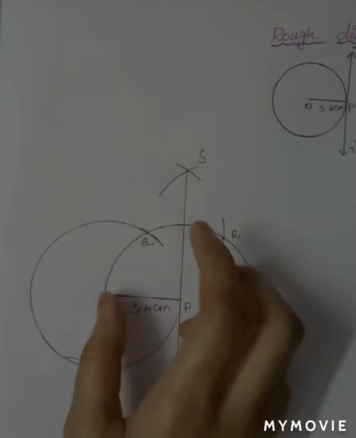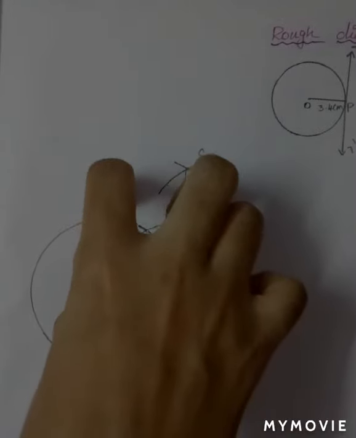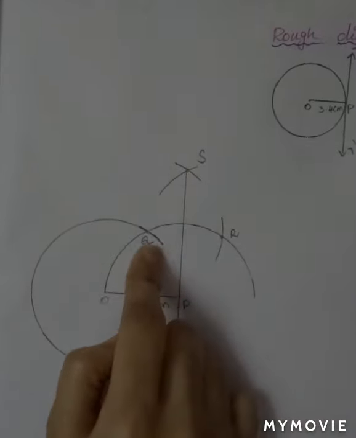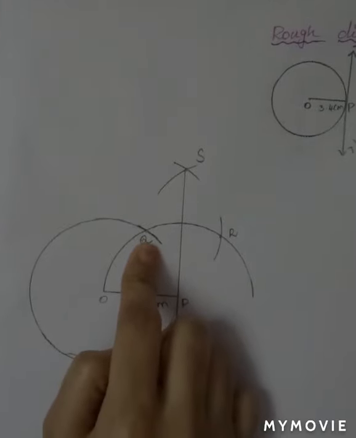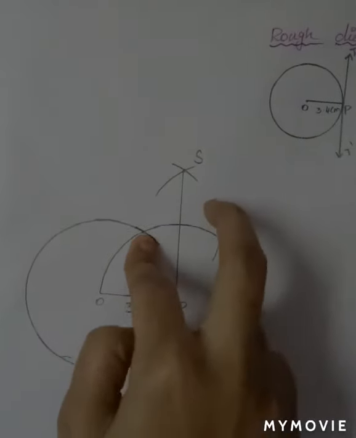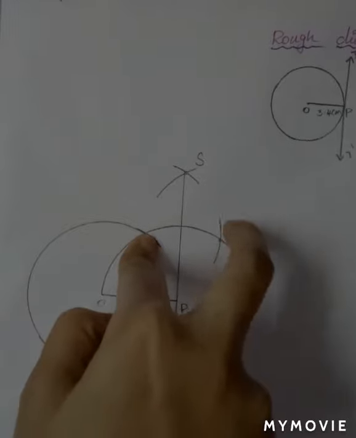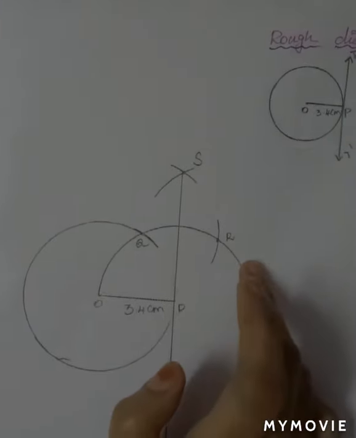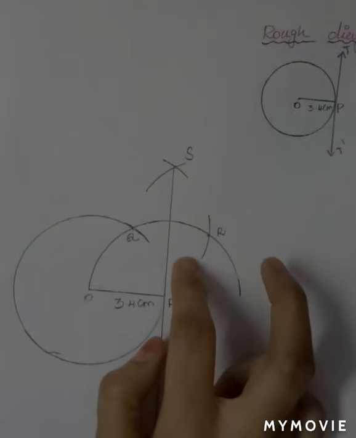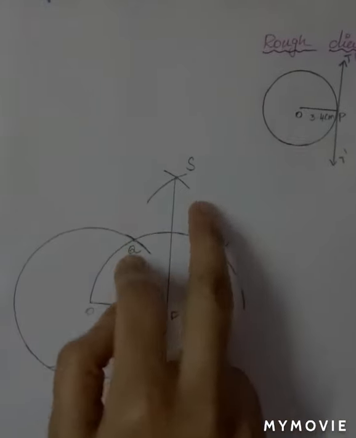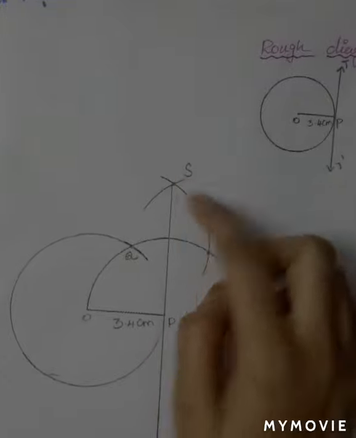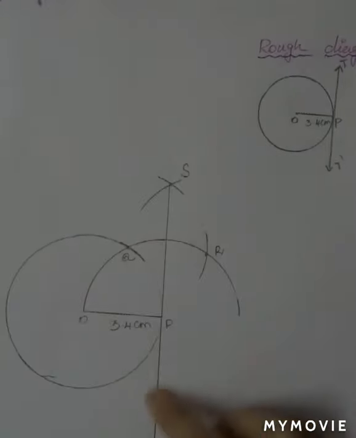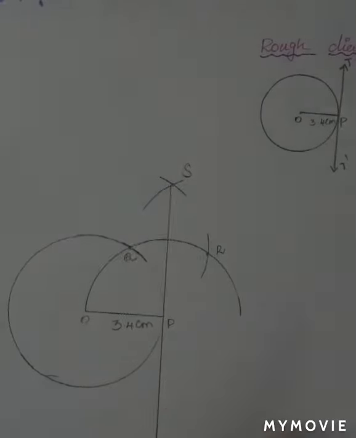With the same measurement, O as center, draw an arc cutting the big arc at Q. Again with the same measurement, Q as center, draw an arc cutting the big arc at R. With Q and R as centers, draw arcs cutting each other at S. Join SP and extend it. Now SP is the tangent to the circle.